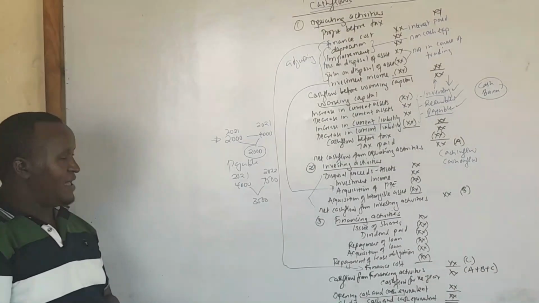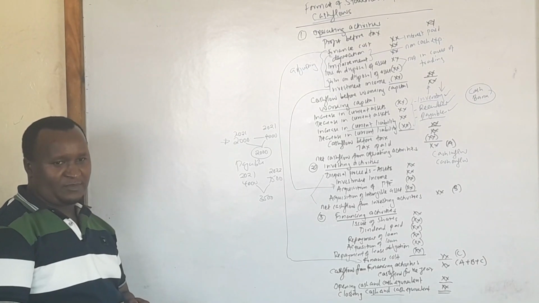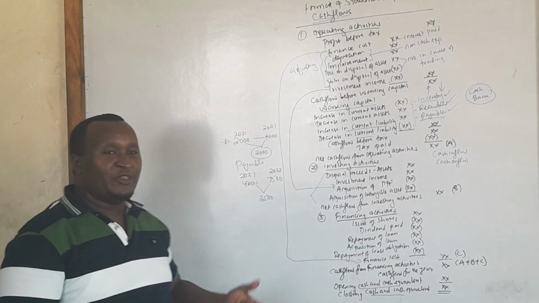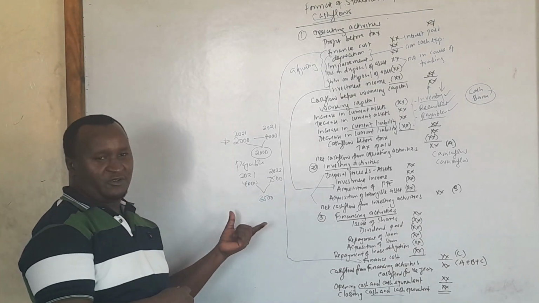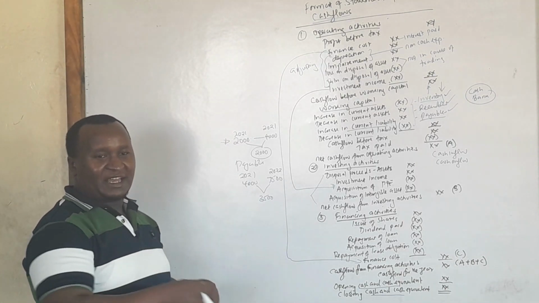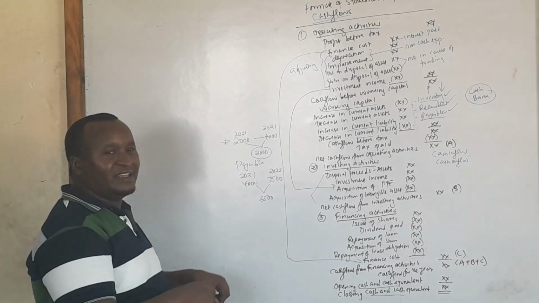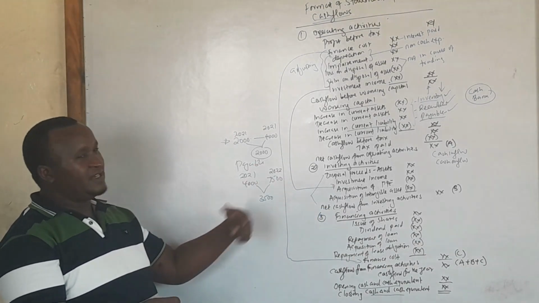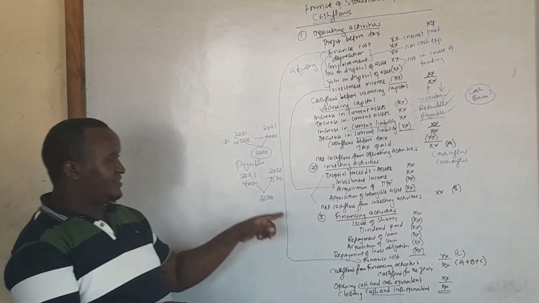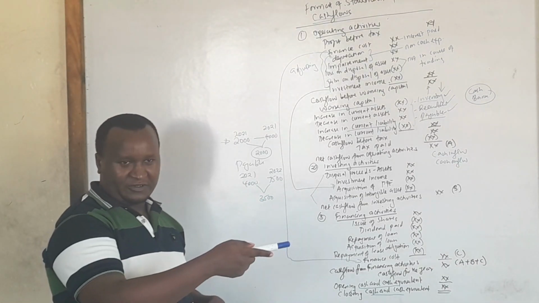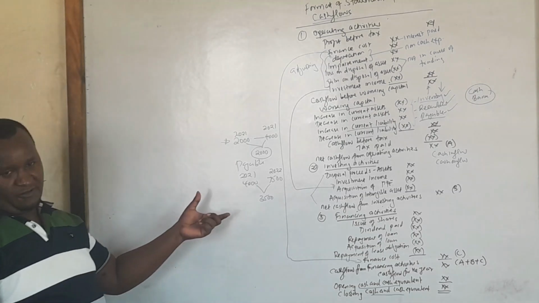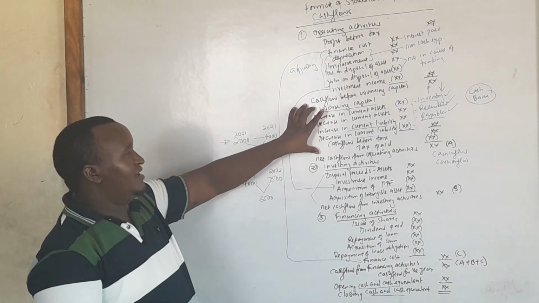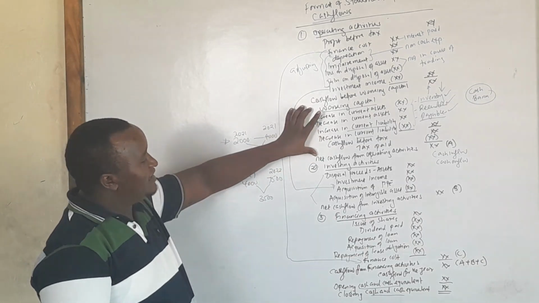Why? We've taken from them. We have bought goods from them on credit. When those goods come into our business, we sell them and we get cash. But that cash, we retain it. We have not paid them. So an increase in payable is an inflow. But whenever it decreases, it means we have paid, so it becomes an outflow. Hoping you have gotten that concept. So don't get confused here when you talk about an increase and a decrease.